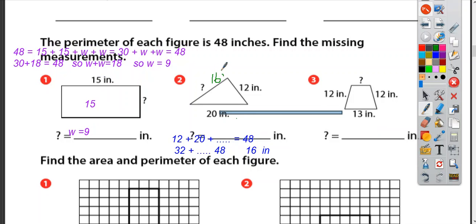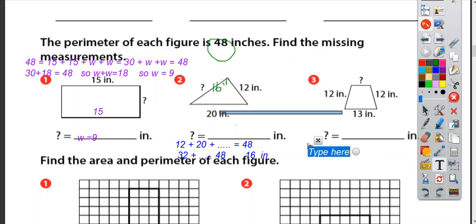Question 3. What plus 13 plus 12 plus 12 will give you 48? Where did I get the 48 from? It is written in the question, just to remember this. So 12 plus 13 plus something will give me 48.